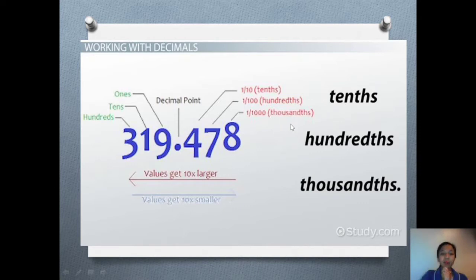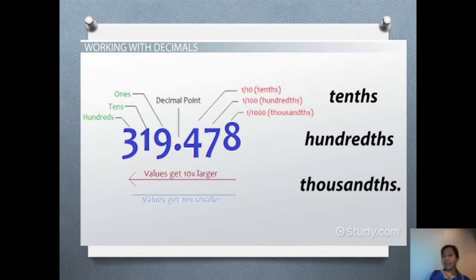So again, what are the place values that we have? They are ones, tens, hundreds, tenths, hundredths, thousandths. They are called place values.